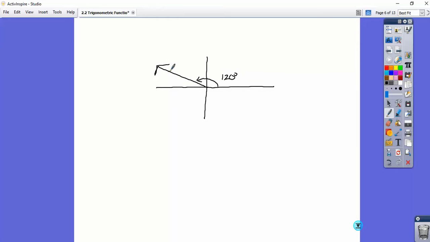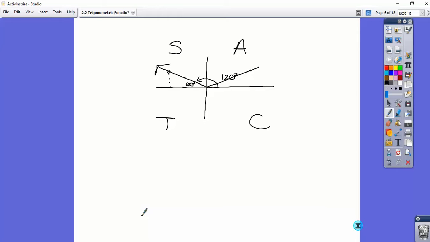If I wanted to find my trig functions of this 60-degree angle, those would be the same as a 60-degree angle over here, except it could be positive or negative. You'll have to decide based on your quadrant whether you're positive or negative.